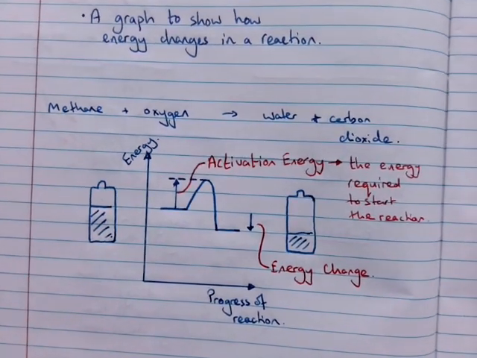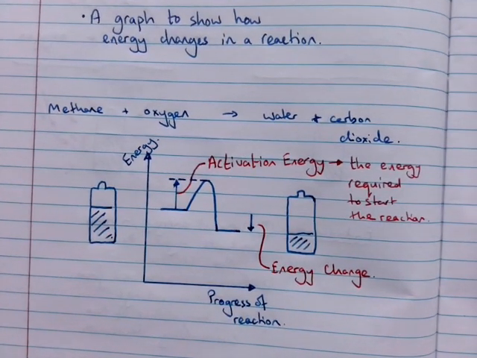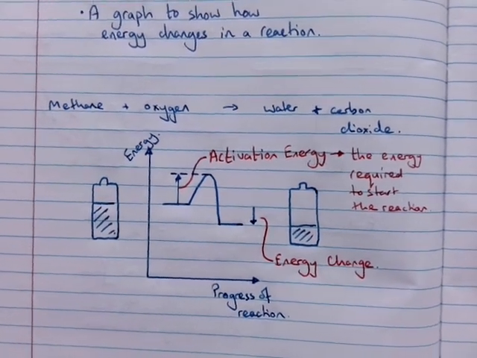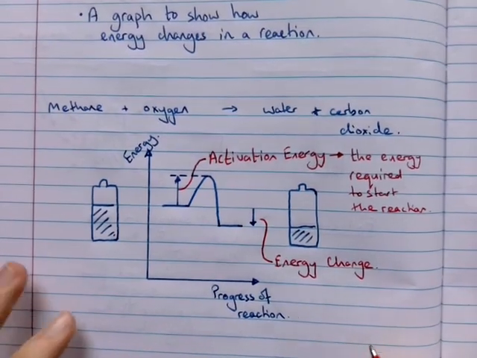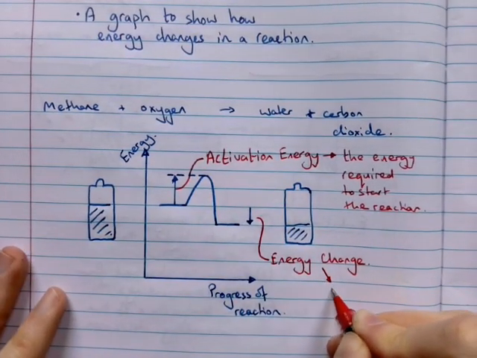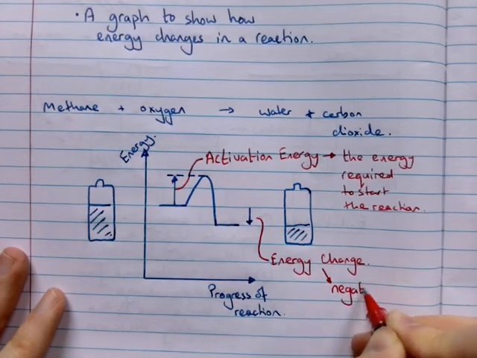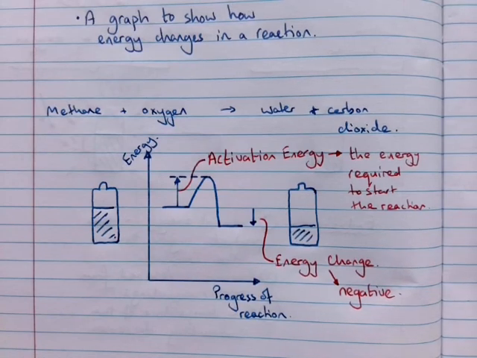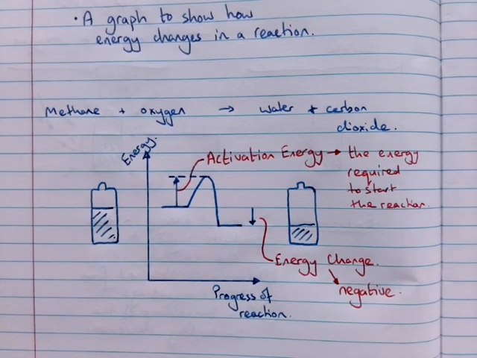And you can see that for this reaction, the energy change is negative. And remember, that makes sense because if the energy change is negative, energy is lost. Where does the lost energy go? It goes into the surroundings to make you warm.